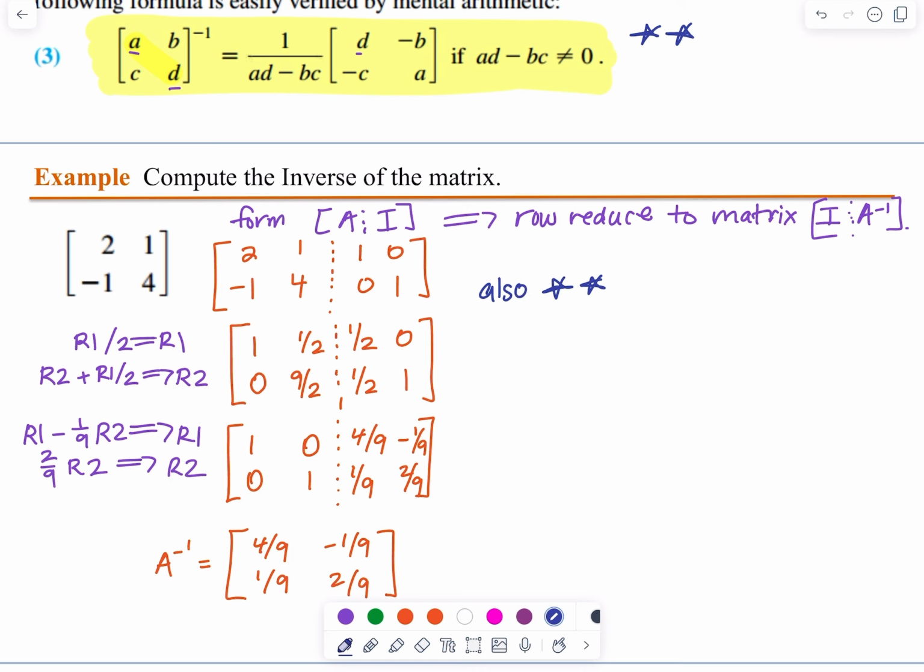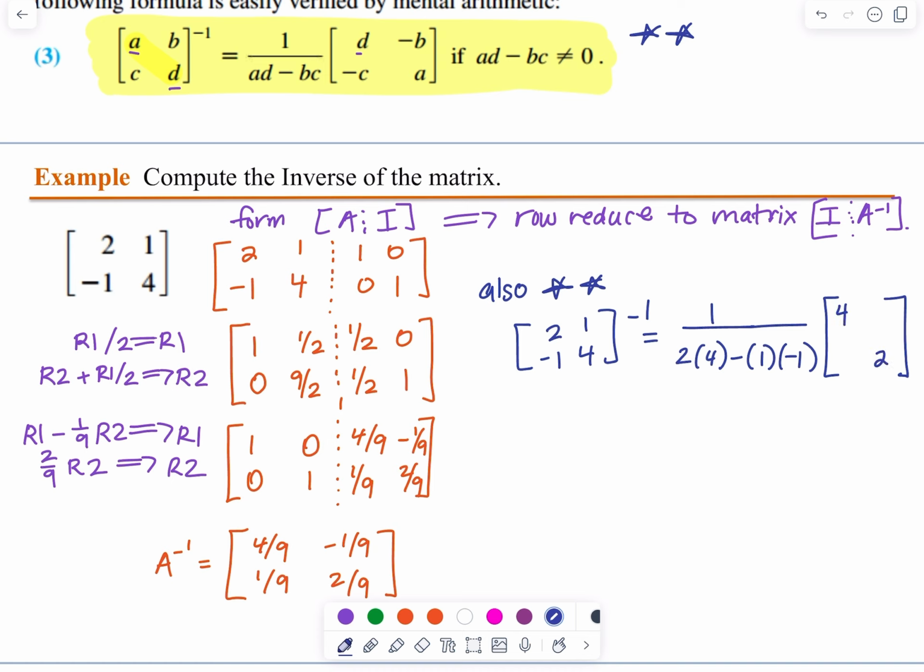Okay, so now we will have the inverse of this matrix is equal to, and then let's multiply 2 times 4 minus 1 times negative 1, and then we're going to multiply that, and remember we're going to have 4 here and 2 here, and now we're going to have a negative 1 and a 1 here.